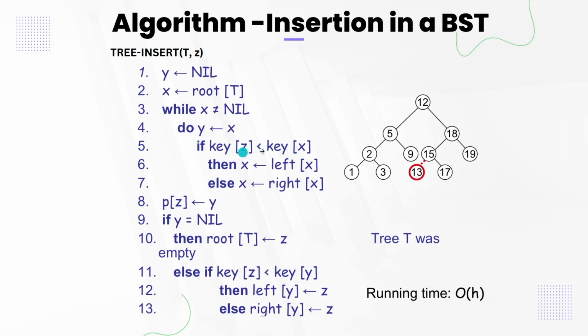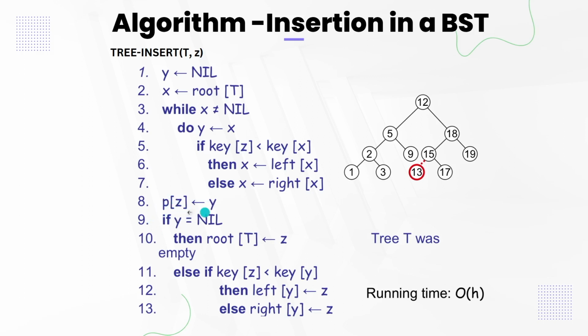If the value of z is less than the root, then we proceed along the left subtree, otherwise we move along the right subtree. And then y is assigned the value of parent of z. That is how we shift the trailing pointers.